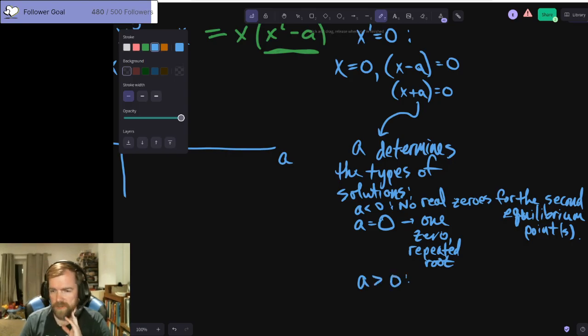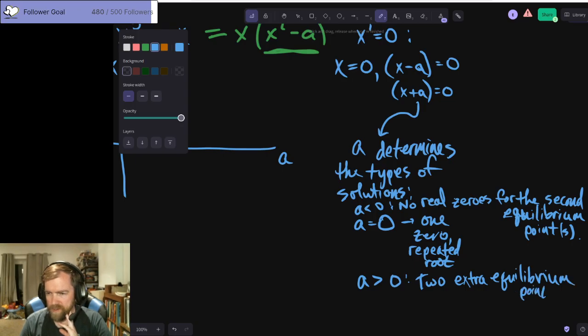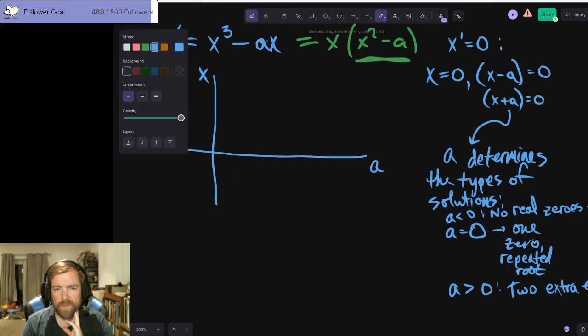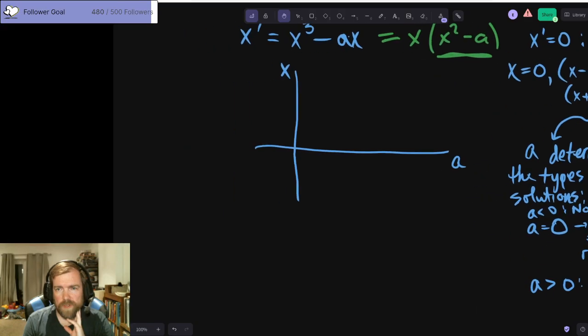And if a is greater than 0, we have 2 extra equilibrium points.